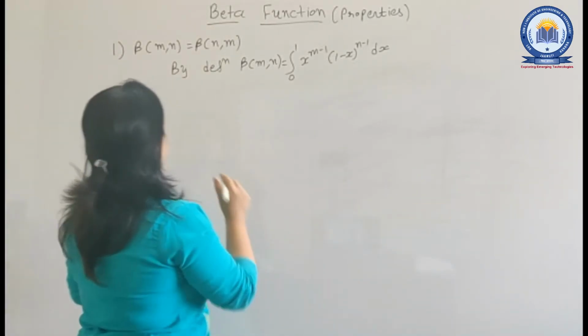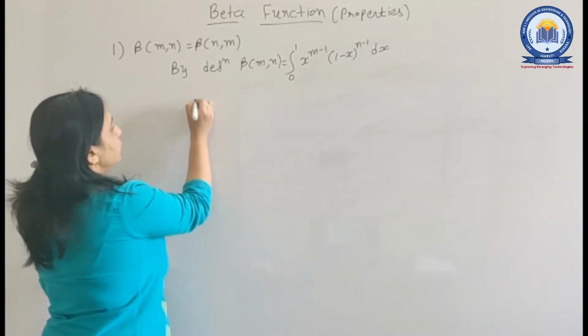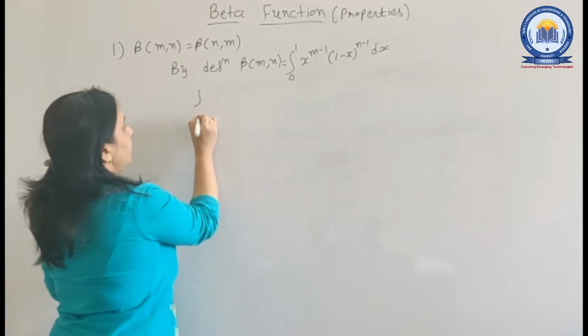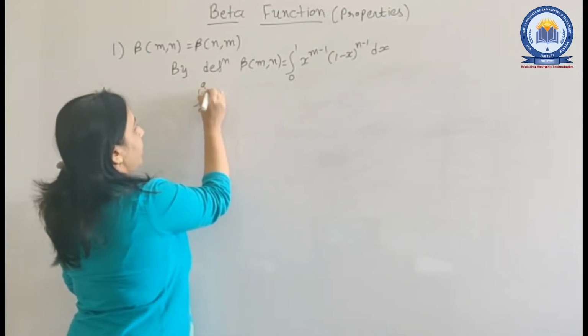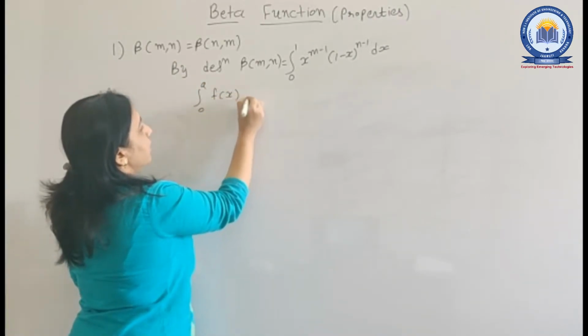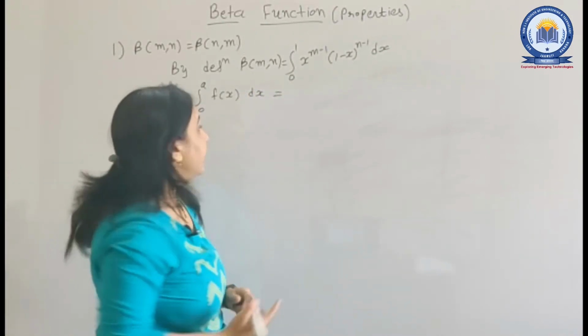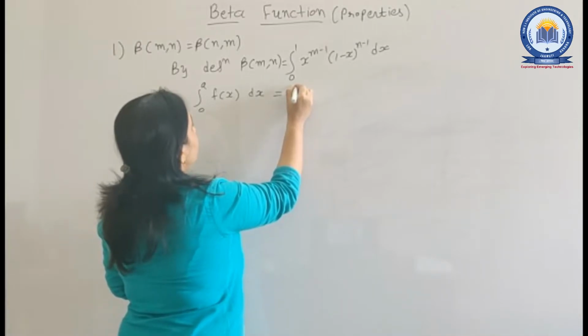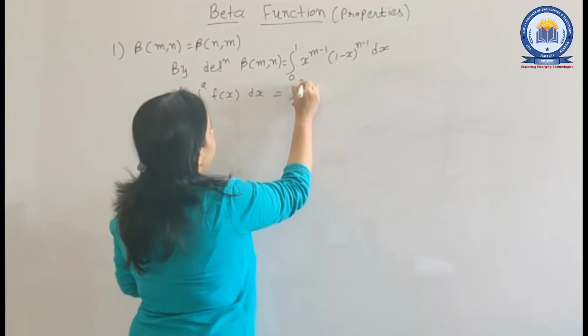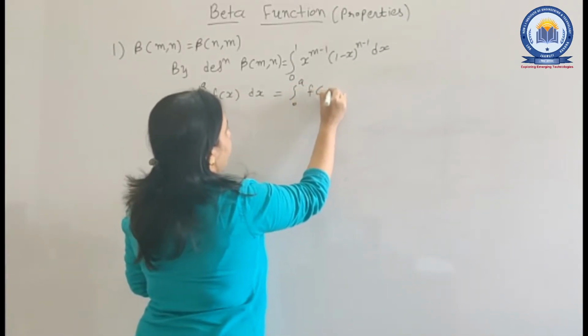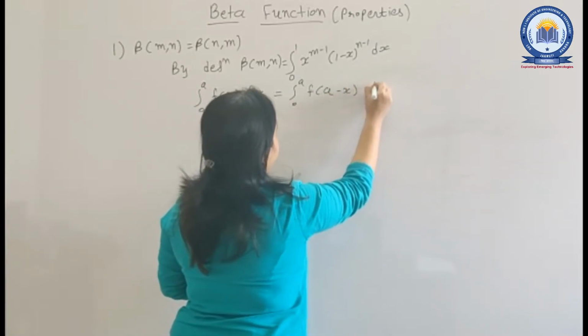Now, we know one rule: integration 0 to a f(x) dx can be rewritten as integration 0 to a f(a minus x) dx.